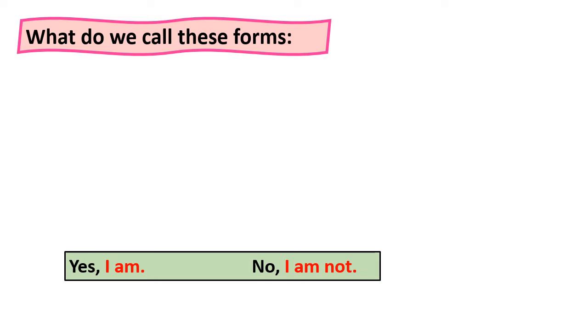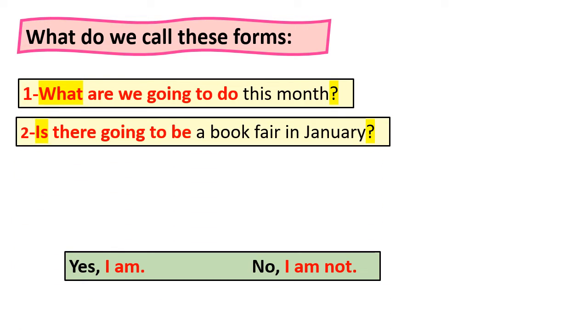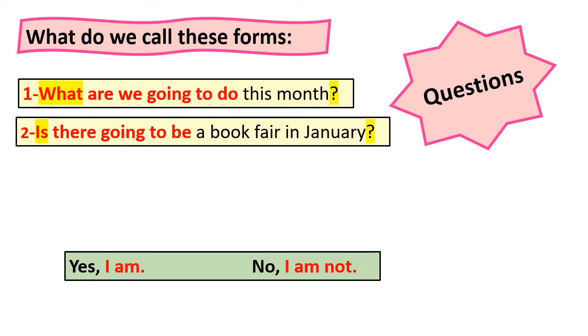Okay, and now what do we call this? What are you going to do this month? You note the question mark. Is there going to be a book fair in January? This is called a question. You ask a question. We have two kinds of questions. Yes/no question, the question whose answer is yes or no. Did you go out?